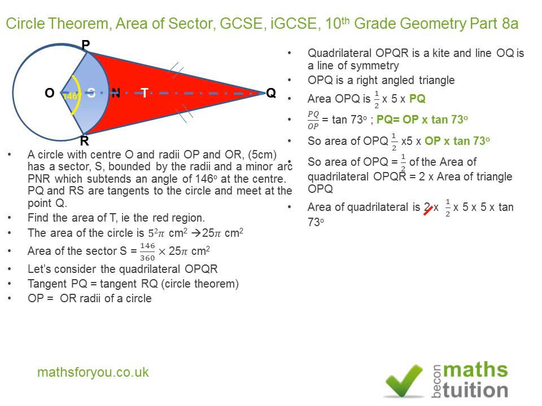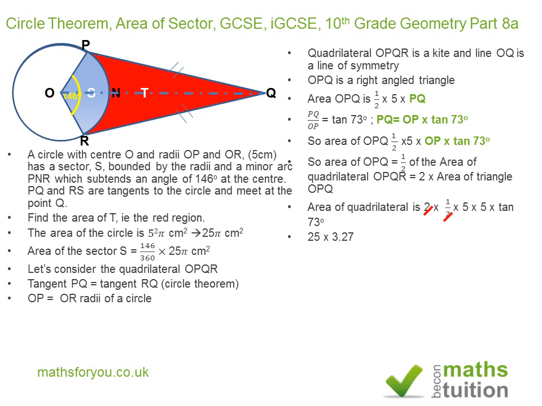Now the 2's will cancel out, so we end up with the area of the quadrilateral being 25 times 3.27, because 25 times the tan of 73 degrees gives us this figure here.